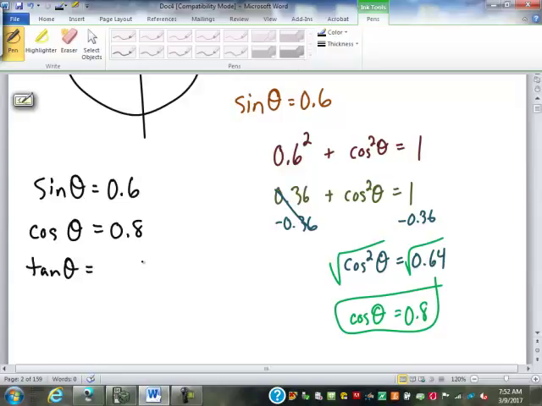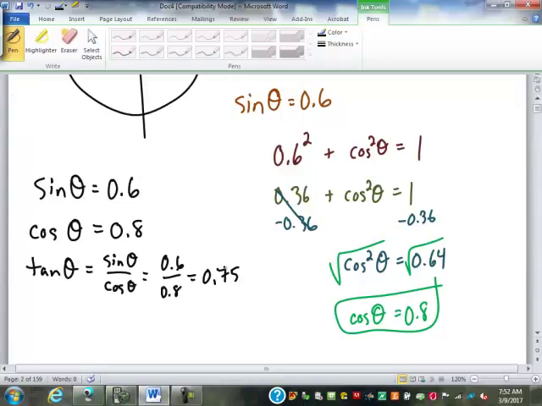How about the tangent of this angle? So, what's the opposite leg? Opposite leg over adjacent leg. Remember, we can find tangent as sine over cosine as well. So 0.6 over 0.8 divides out to be 0.75.